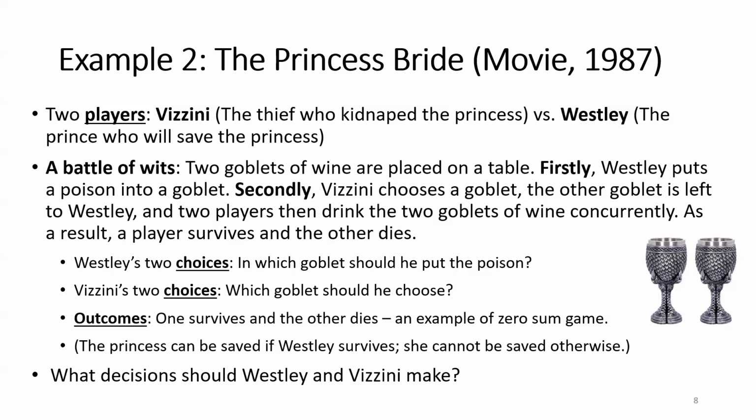Essentially the prince will choose one of the two, and then we make a choice: choose the left-hand side one or the right-hand side one. Here is the dialogue between the two parties.